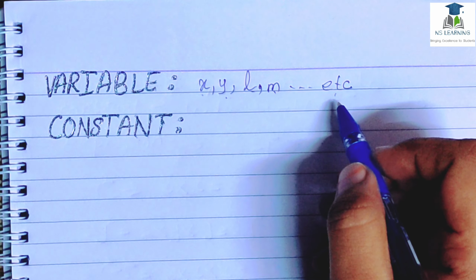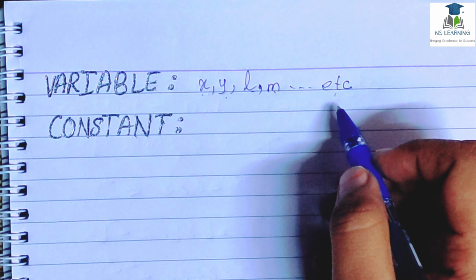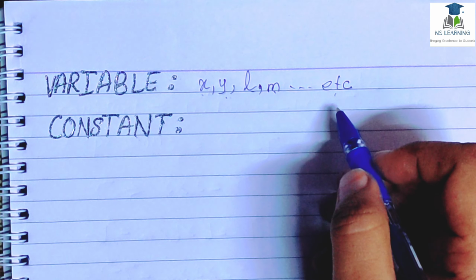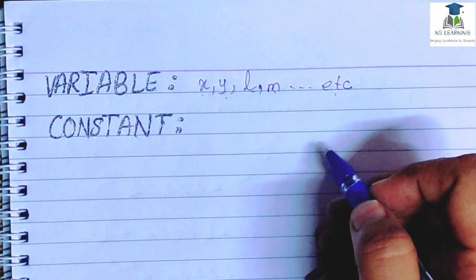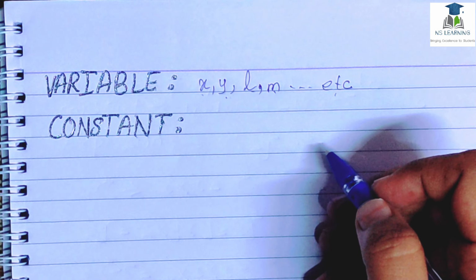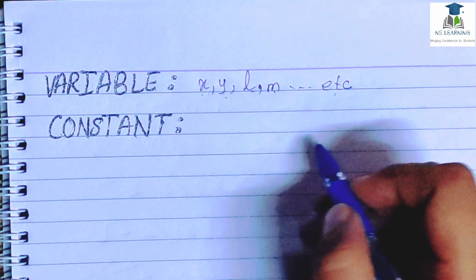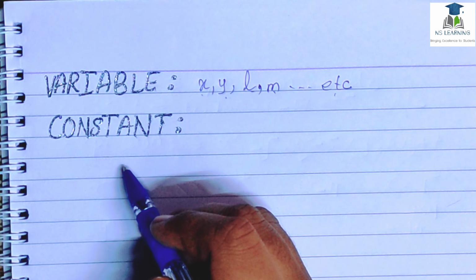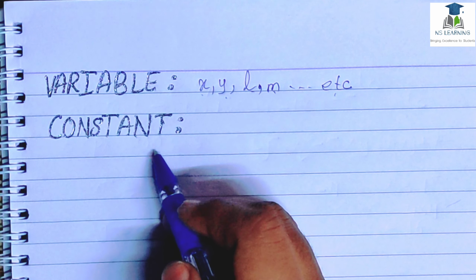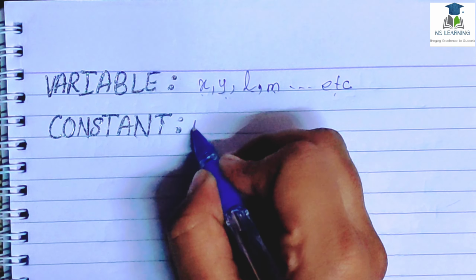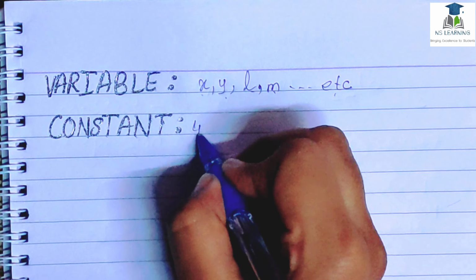It means we can use any alphabet from A to Z for denoting a variable. A variable can take various values. Its value is not fixed. On the other hand, a constant has fixed values. For example, 4, 100, minus 17, minus 5, etc.